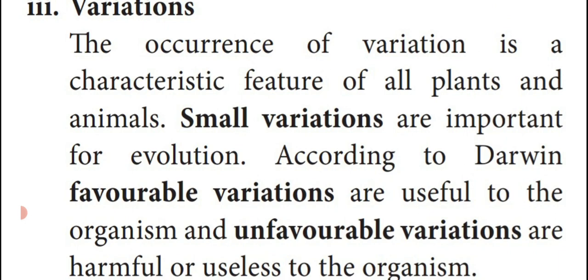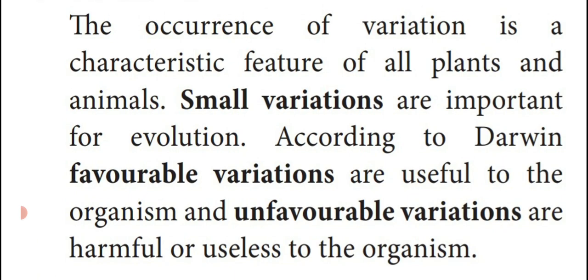Those variations are known as unfavorable variations. So variations are also divided into two. Favorable one is useful to the organism. Unfavorable one is useless to the organism. Whatever changes occur in the characters or features of plants and animals is known as variation.